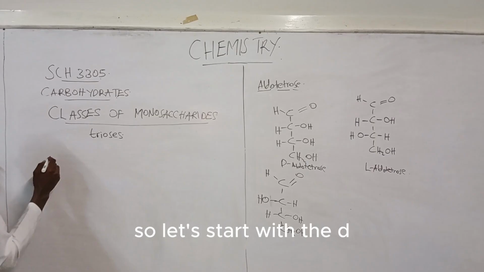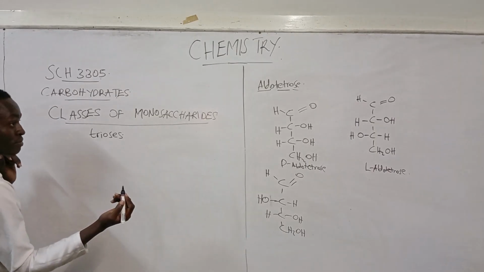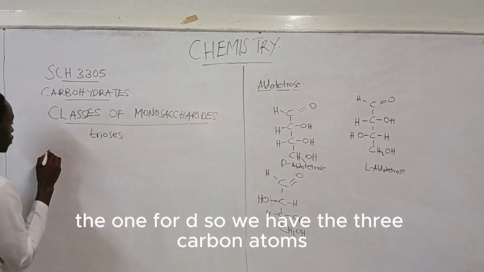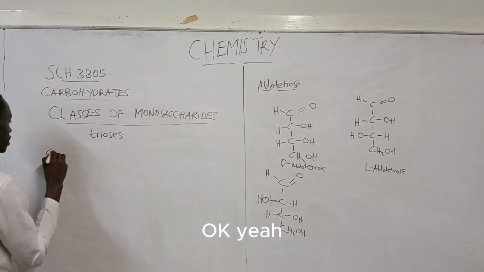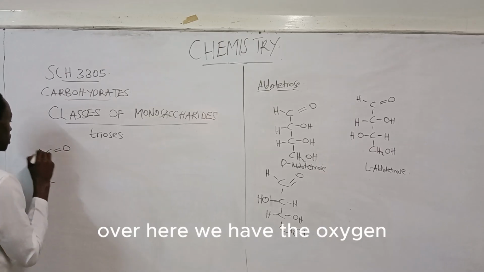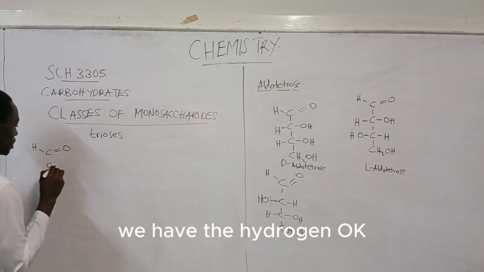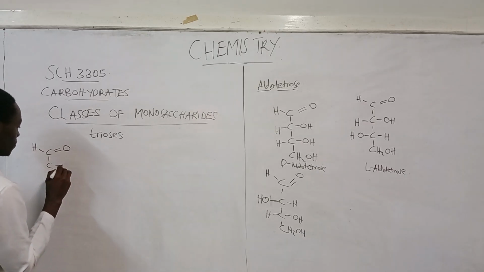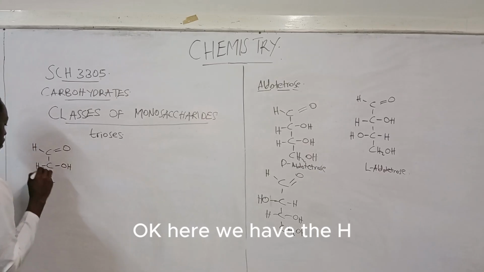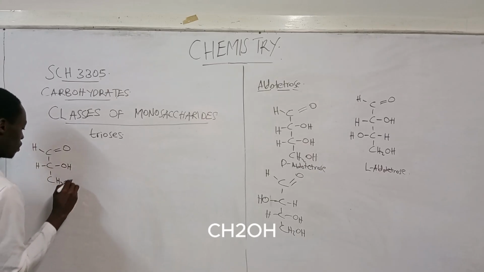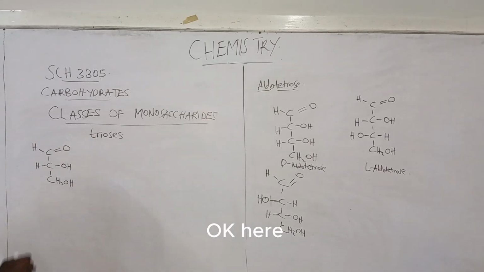Let's start with the D. We have the 3 carbon atoms, 1, 2, 3. Here over here we have the oxygen, we have the hydrogen. Bonds are there. Then over here we can have the OH, here we have the H, and CH2OH. So that's the first one.